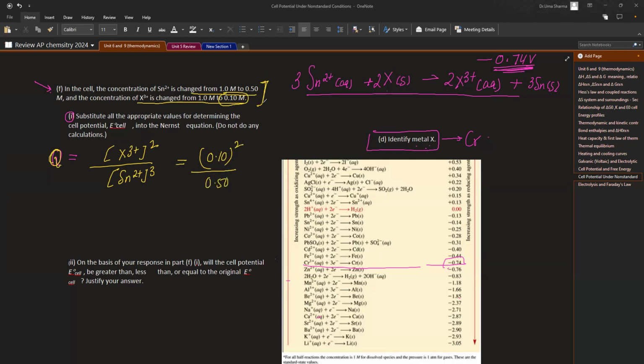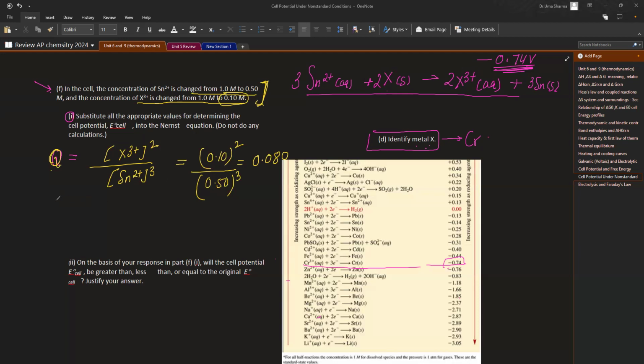Read the question. This value is 0.080. I'm going for 2 sig figs. No units, Q is like K. K has no units. Q also has no units. Very good.